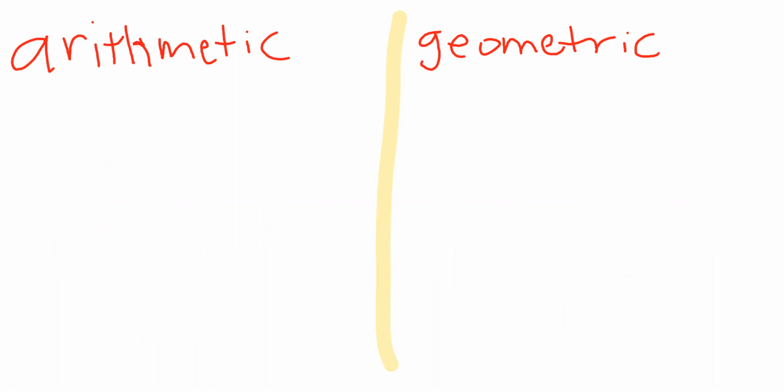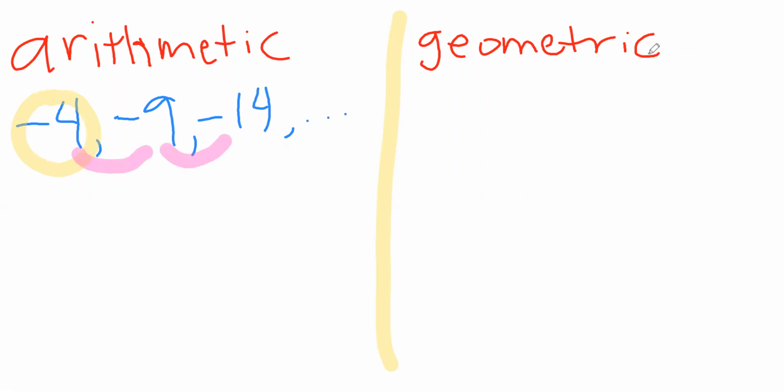So let's say that we have -4, -9, -14. We can write this equation. It'll be based off of 2 factors. The first one being just the first term, and the second one being that common difference, which here is -5. So the difference is -5.